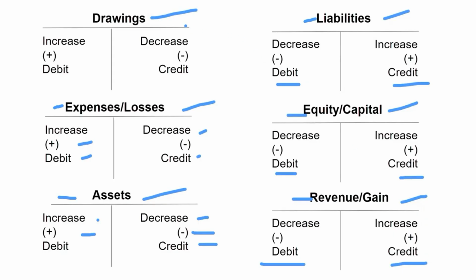Drawings, which is what the owners take out from the business, is similar to expenses. So it increases on the debit side and decreases on the credit side. Once you understand this behavior, you will know exactly which side to record each transaction, debit or credit.